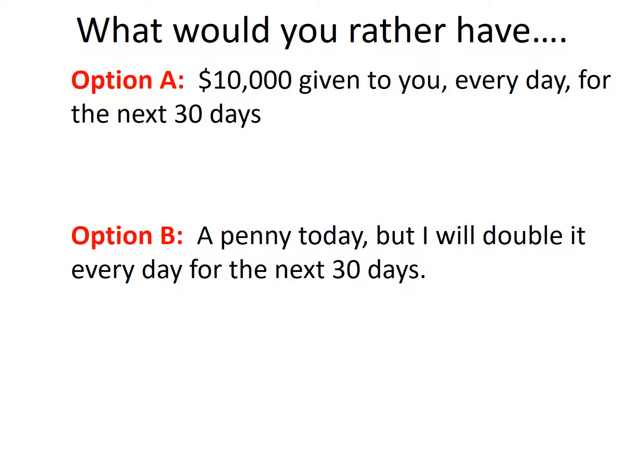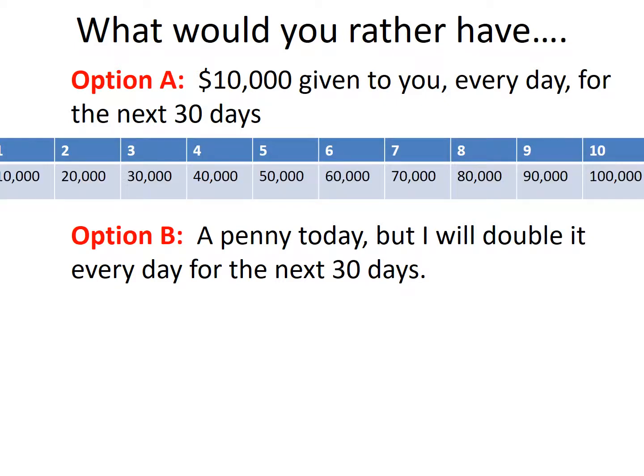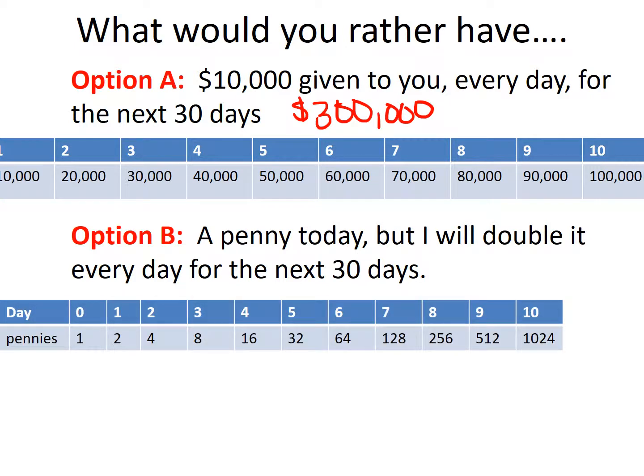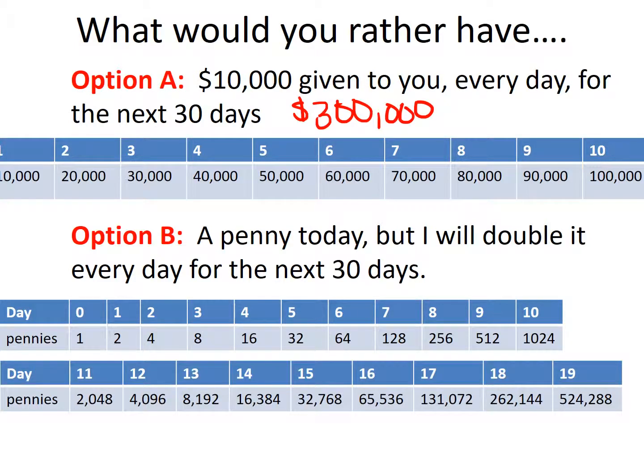But if we do some math, let's figure out what you would have at the end of the 30 days. So option A is $10,000 added to your bank account, if you will, every single day. So at the end of 30 days, you would have 10,000 times 30 for a total of $300,000, right? Option B, if we double it, at the end of 10 days, we'd have 1,024 pennies. Well, that doesn't seem super promising, but let's go all the way to 19 days.